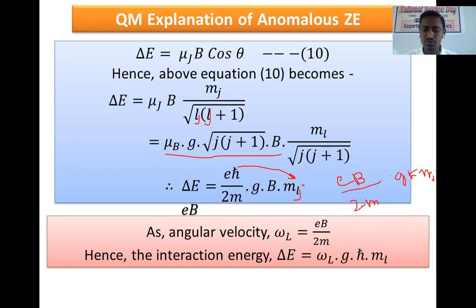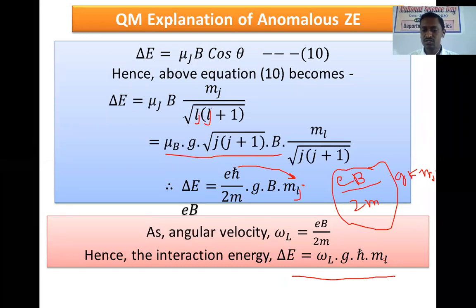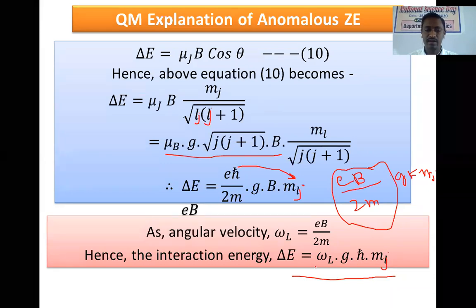But we know the angular velocity of electrons omega L equals eB upon twice m. Just put this in place of the term eB upon twice m in the above equation. Therefore the interaction energy will be omega L into capital G into h cross into mj.